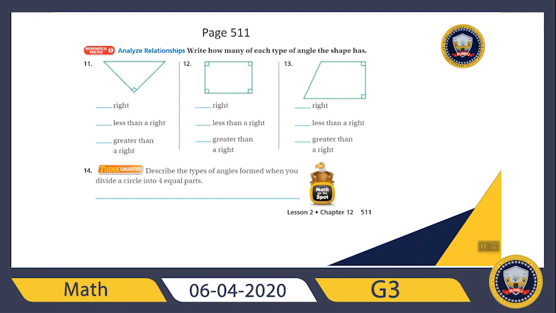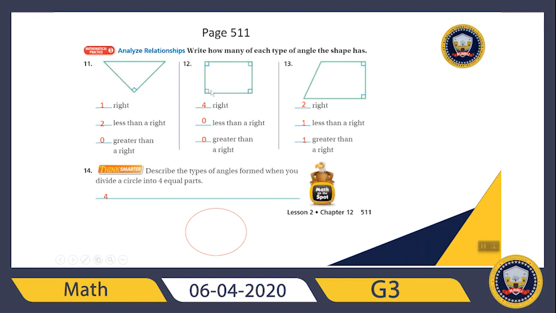Let's analyze relationships. How many of each type of angle does the shape have? Well, in this picture we can see one right angle and also 2 angles here which show less than a right angle, and there is no greater than a right.